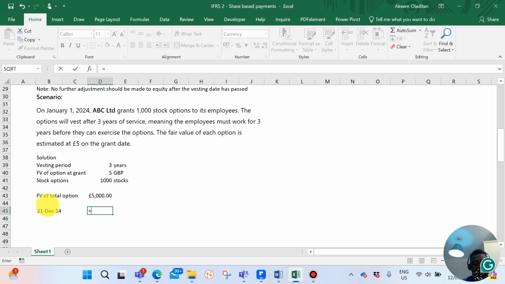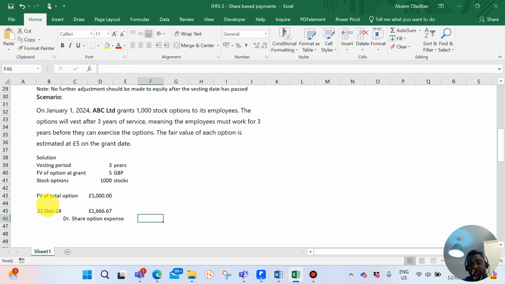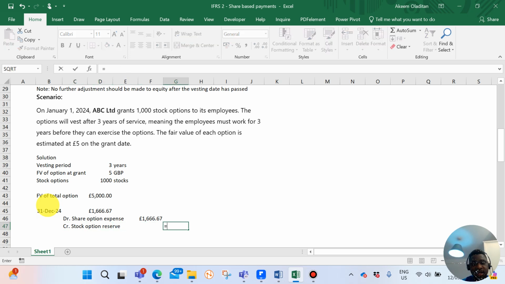Then divide by 3. Our journal will be debit share option expense, because it is an expense to the organization of that value, and credit stock option reserve. So this sits within the equity in the balance sheet.